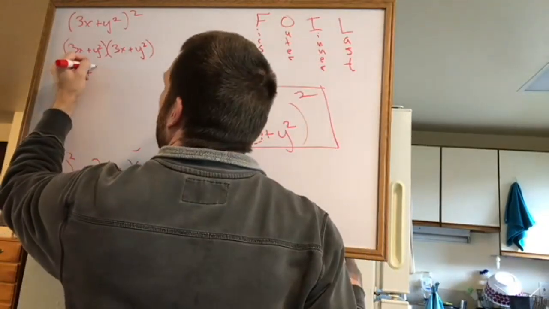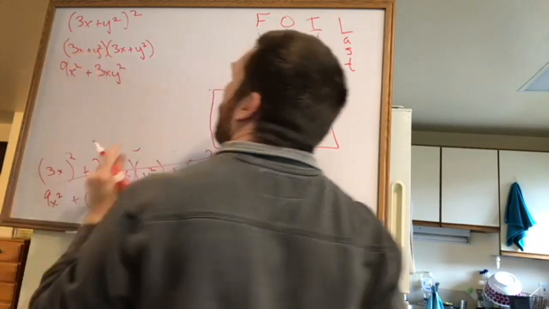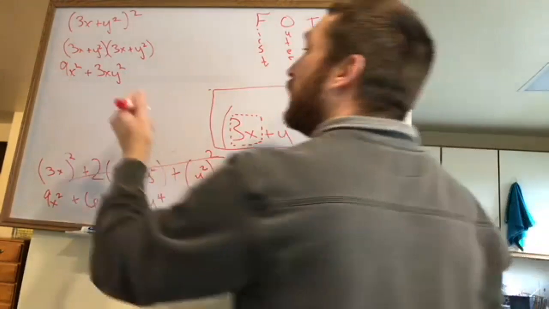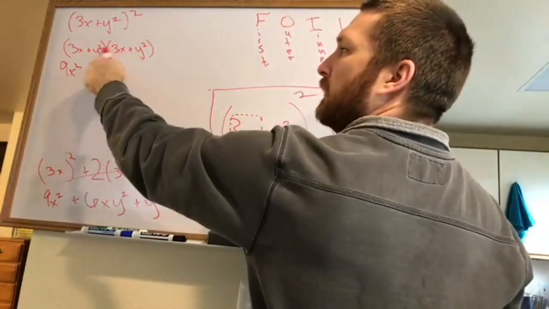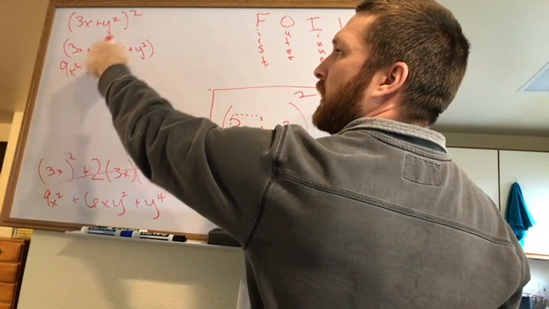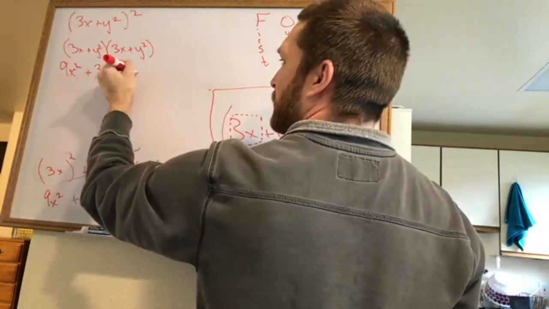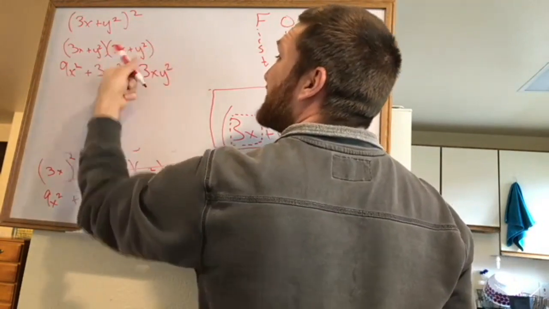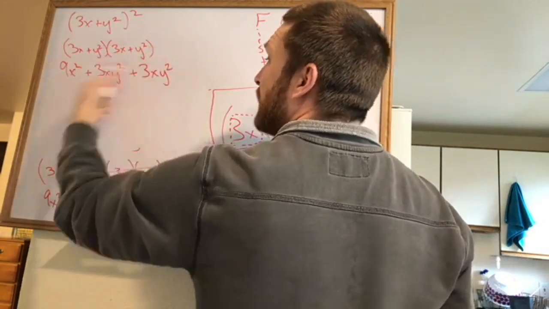So plus 3xy squared. What about the inside? 3xy squared. It gives you the exact same thing as you did with the outside.